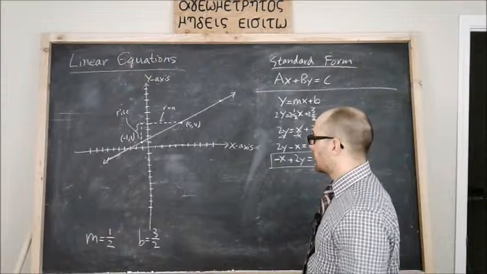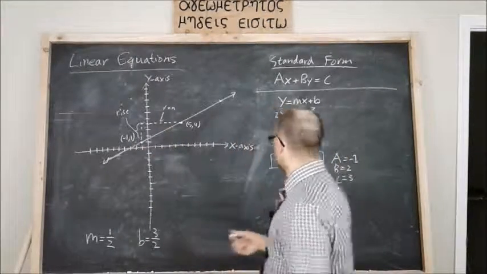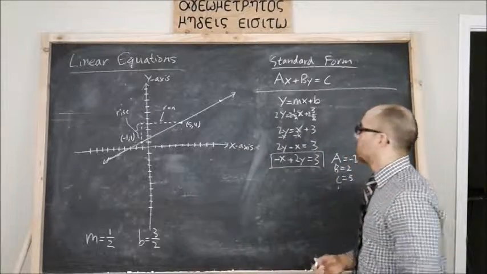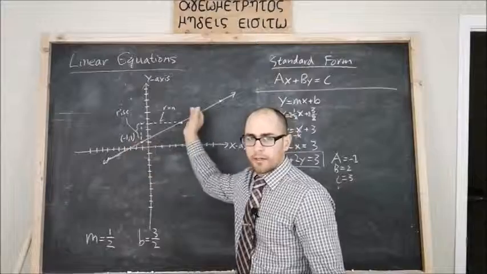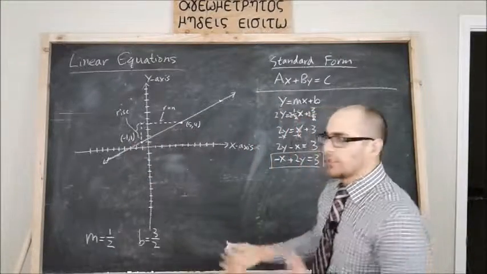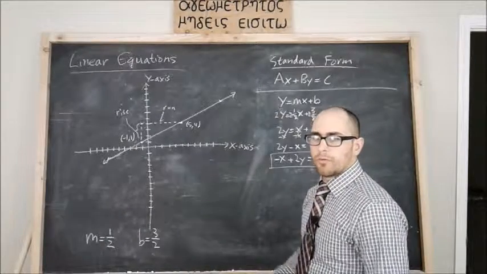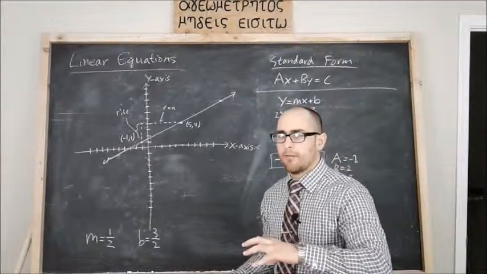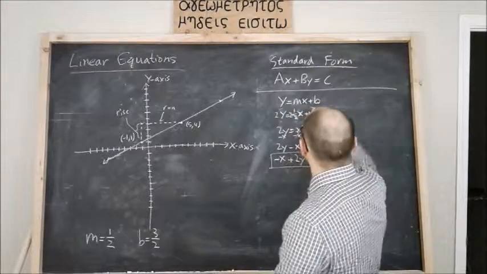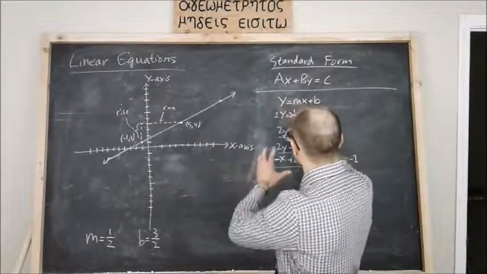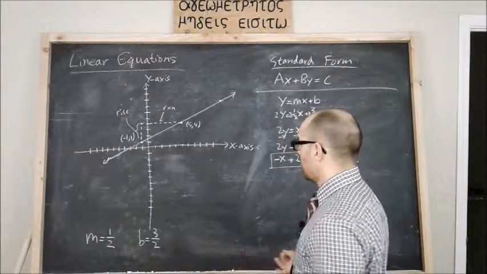Slope-intercept form is useful when you're given the slope and the y-intercept. Standard form, in short, is useful when you're given the x-intercept and the y-intercept. So depending on your situation, one might be faster than the other, but I also want you to see the interplay between them and how it's not terribly difficult to manipulate your algebra to get from one form to the other.